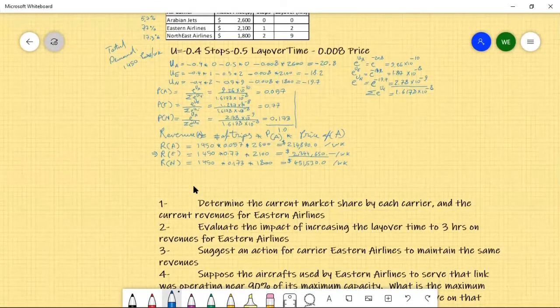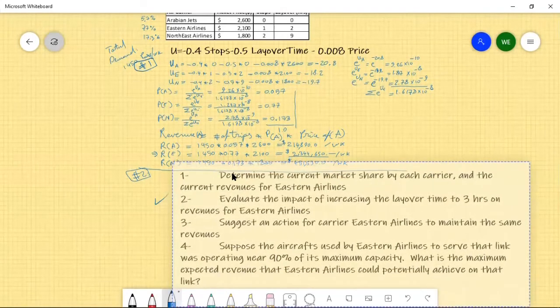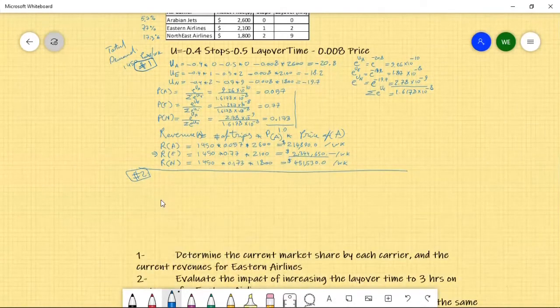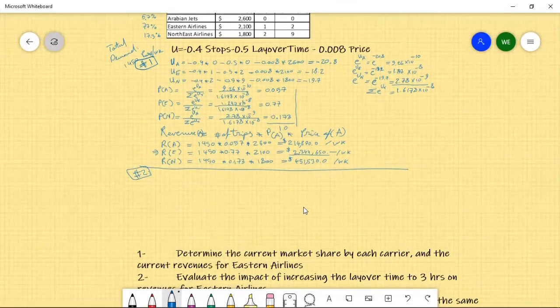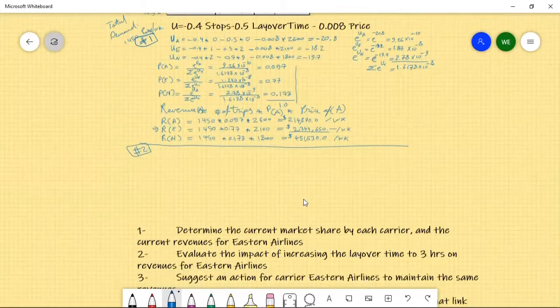Now evaluate the impact of increasing the layover time to 3 hours on revenues for Eastern Airline. We are done with the first part. Let's go to the second point, evaluating the impact of increasing the layover time to be 3 hours on the revenue.